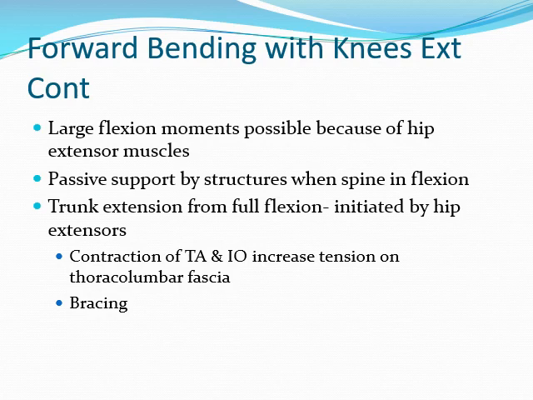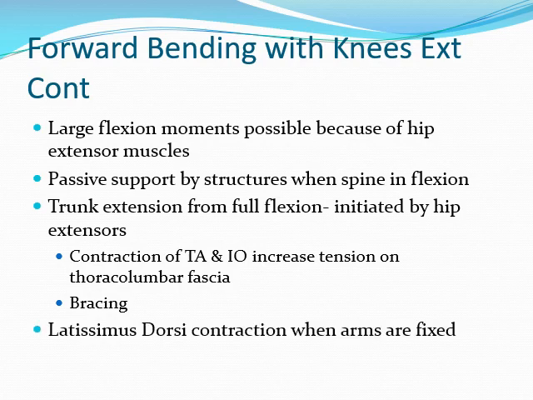In other words, the position of the erector spinae really doesn't lend itself to helping with extending the spine. That's why the hip extensors really need to be strong in order to do that.